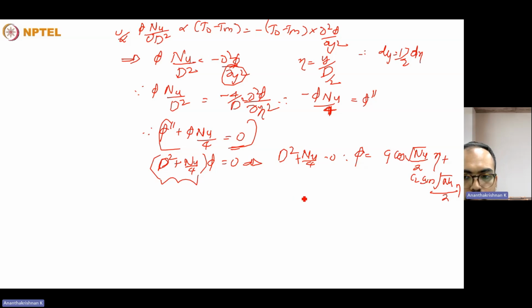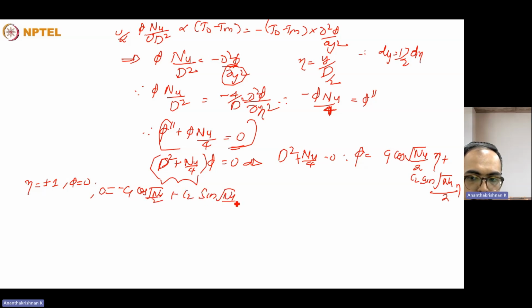So when eta is equal to plus 1, phi will become equal to 0, and you will get one equation: 0 equal to c1 cos root of Nu divided by 2 plus c2 sine root of Nu divided by 2.